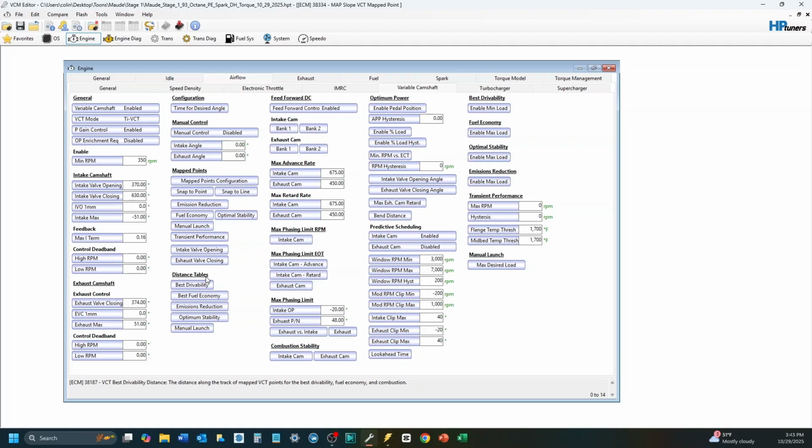So logging that drive mode is what's going to tell you, are you in emission reduction? Are you in fuel economy? Were you in transient, right? Which actually you don't really see that. Were you in optimal stability, right? And then these are the actual tables themselves. So for complete logging and making sure you're running the way you were intending, it's good to make sure you're logging those as well. Okay.